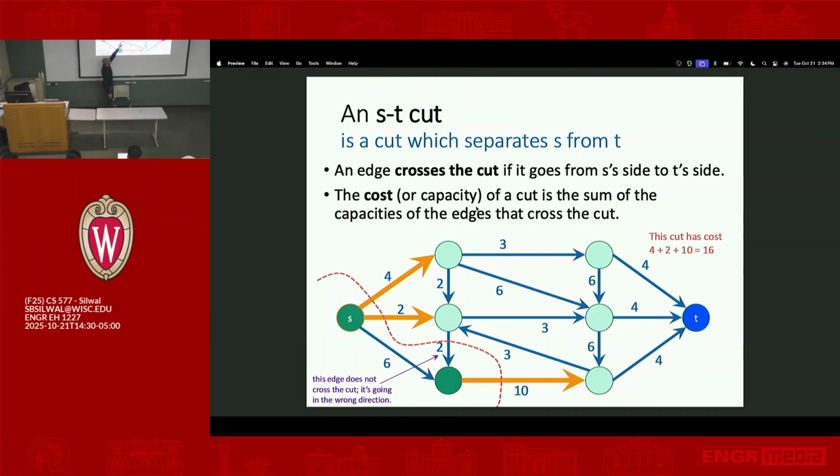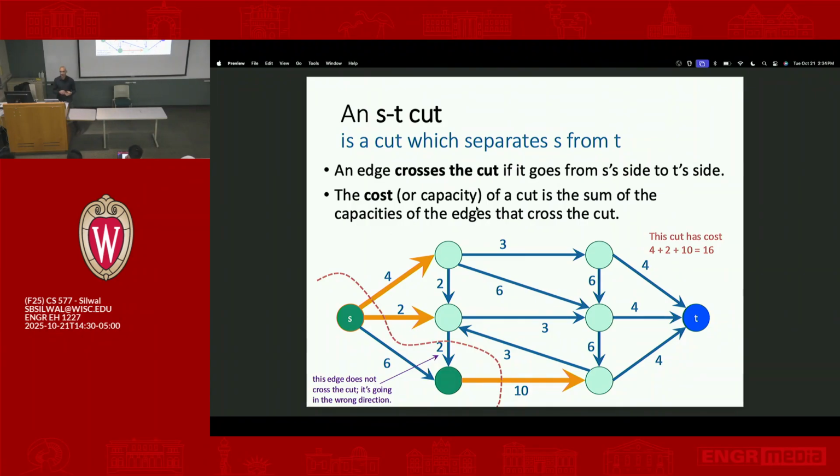For instance, this edge that goes from the T side to the S side is not counted. The value of the cut is the capacity of the edges that go from S to T. Only these three edges count because they go from the S side to the T side, and they have values 2, 4, and 10. So the capacity, or the cost, of this cut is 16.